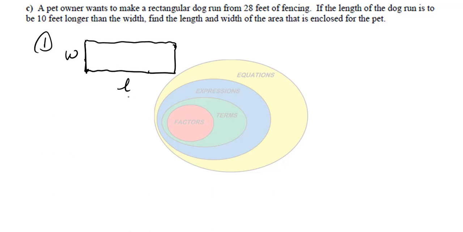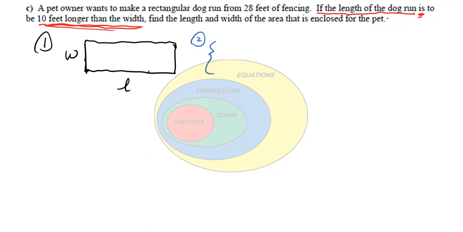So what do we know, or how can we write our system with what's given? The second step is our system. One of the things we know is that the length of the dog run is 10 feet longer than the width. That's a direct relationship.